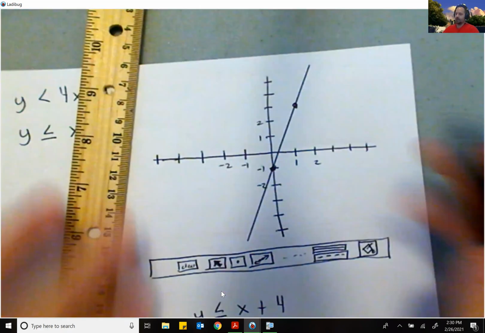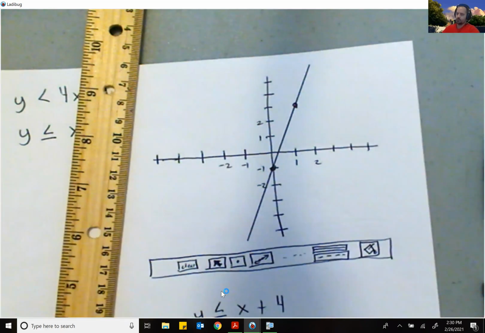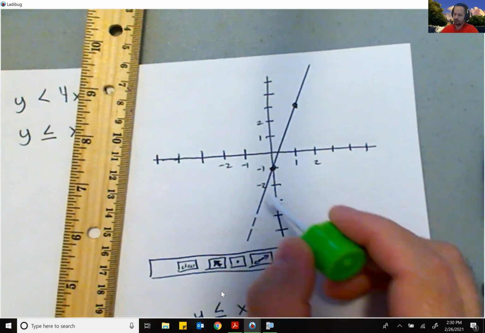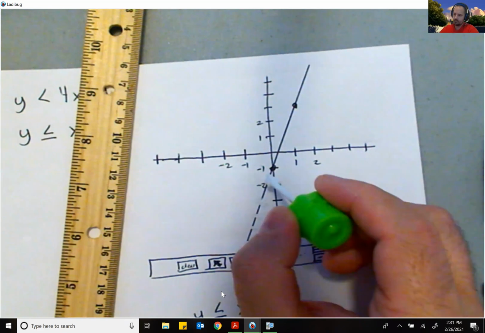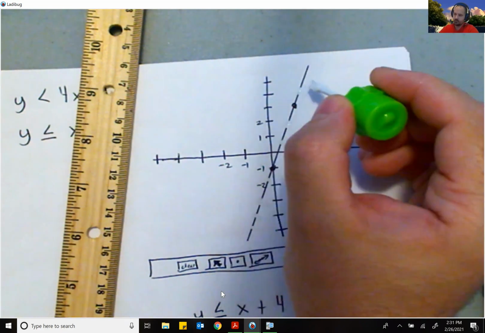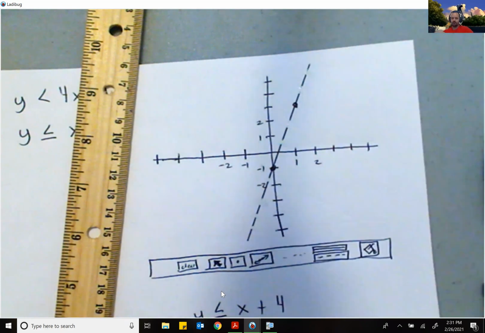Oh, and it's dotted. Silly Mr. Armstrong. So I'm going to take my lovely little white out here and dot it. There we go. Easy fix.